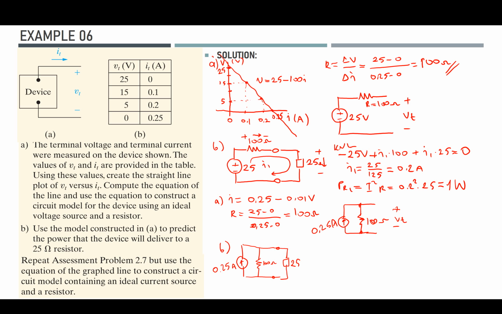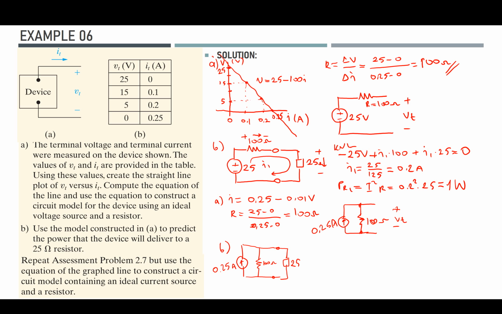So I just need to use the basic Ohm's law to be able to write down the KCL.